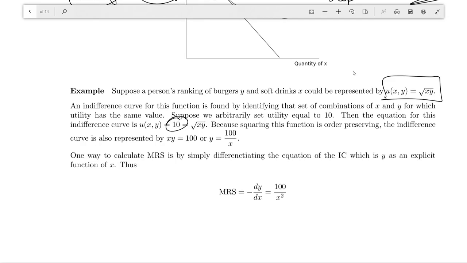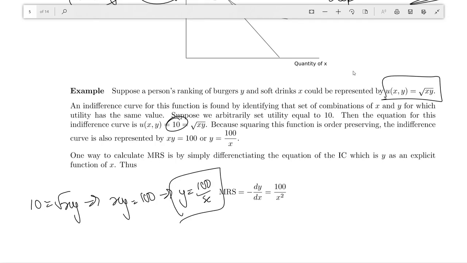So the utility curve for utility 10 will be 10 equal to root xy, which implies xy equals to 100, which implies y equals to 100 upon x. So MRS is minus dy by dx, which becomes 100 upon x square. Okay, so you differentiate this thing with respect to x, you get 100 upon x square. So that's your MRS.